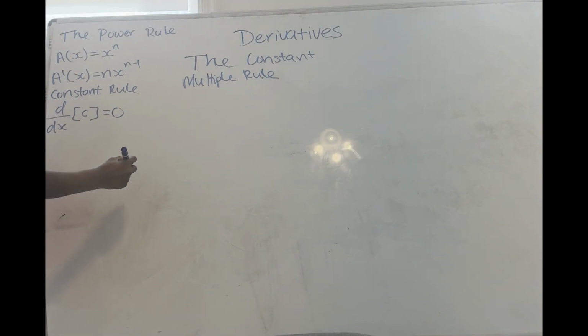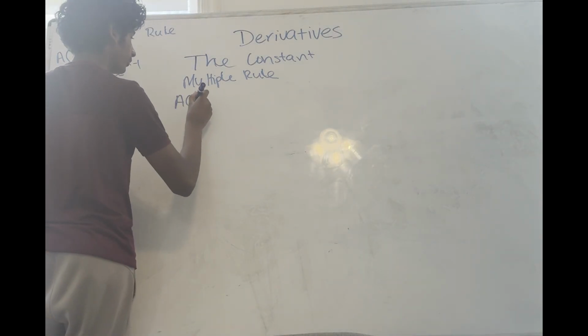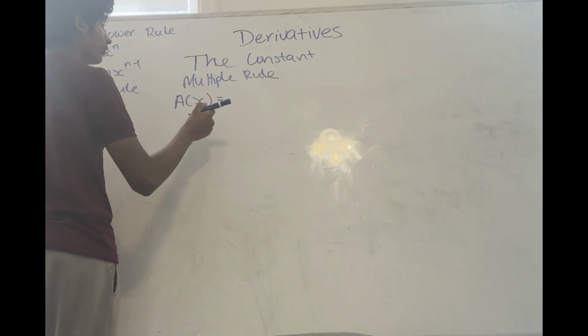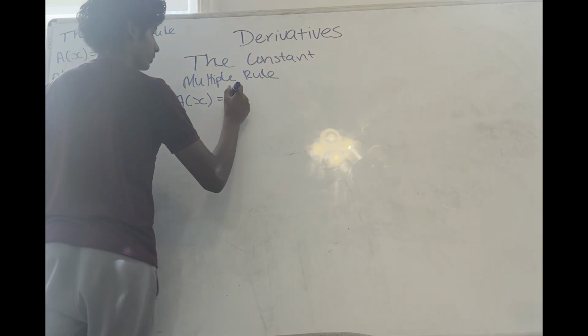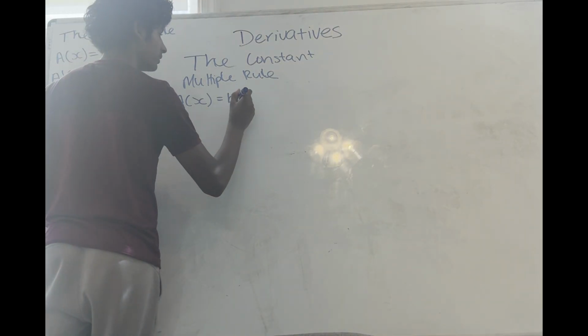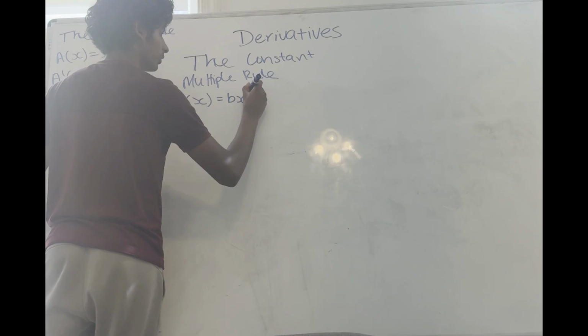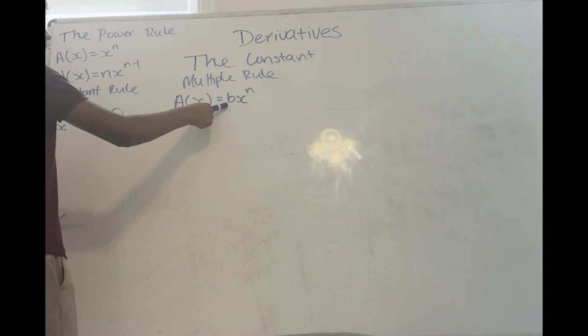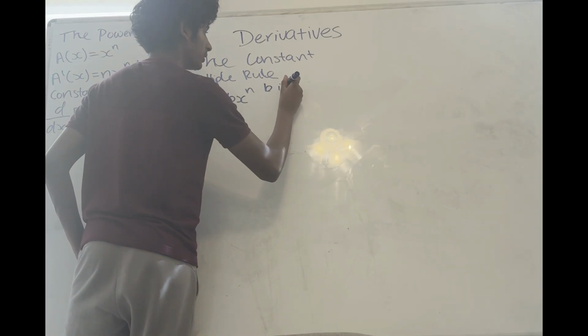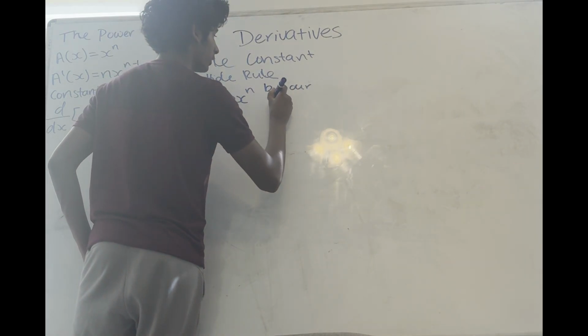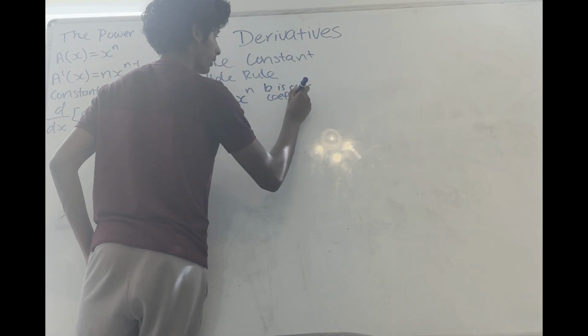Well, whenever we have a function, for example, a of x has a coefficient or a constant being multiplied to it. For example, let's take b x to the power of n, all right? Over here, b is our coefficient.